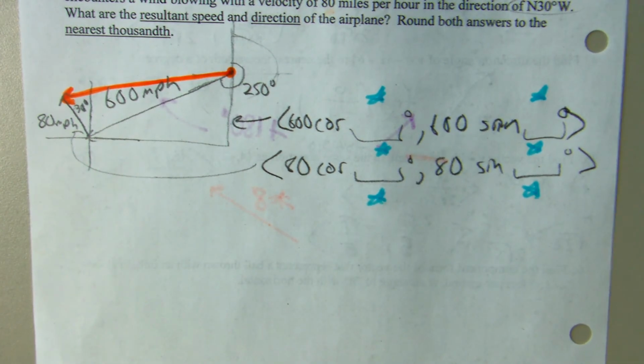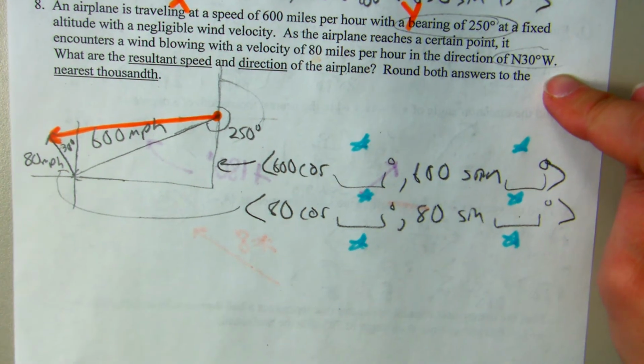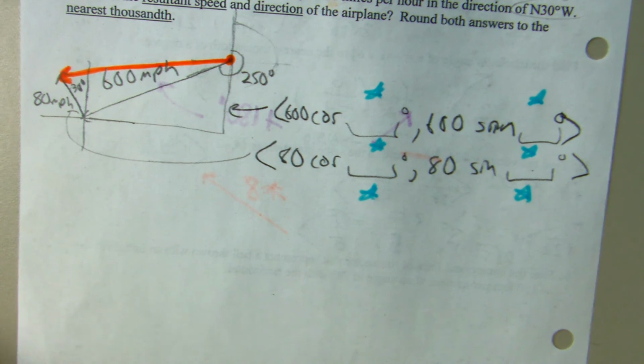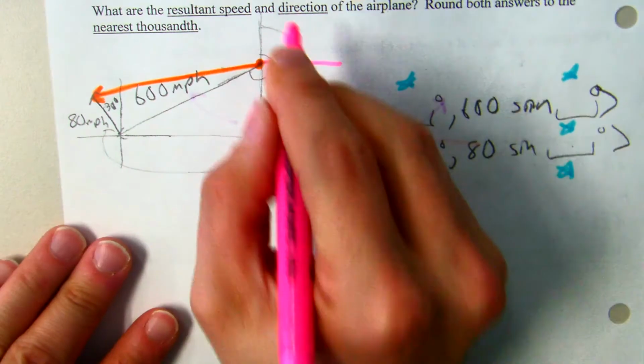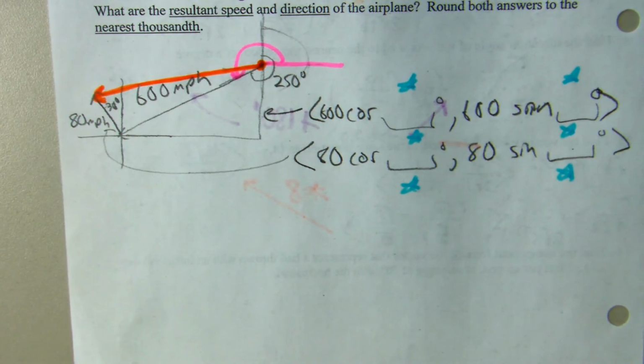It doesn't know when I want bearings, north towards west bearings, or standard angles. It has no idea, so it just has to pick one thing to always do. And the one thing that we always default to is standard. Standard position is from the positive x-axis measured counterclockwise. That's what we do with the trig stuff.